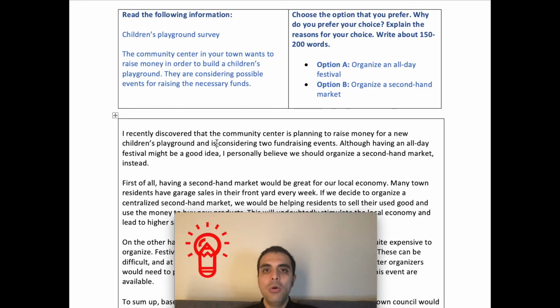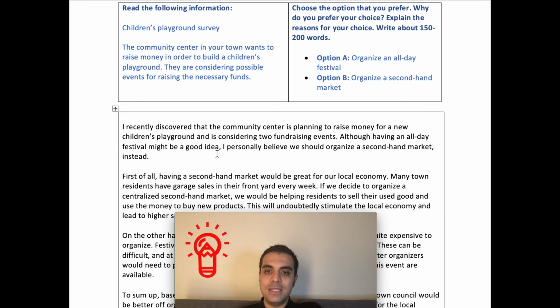But just to give you an idea as to what a single verb versus a phrasal verb alternative looks like. So I recently discovered that the community center is planning to raise money for a new children's playground, and is considering 2 fundraising events.